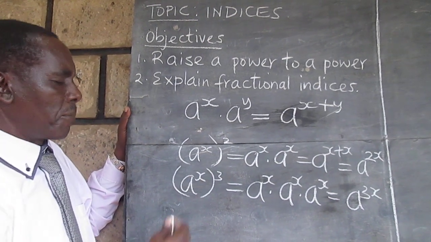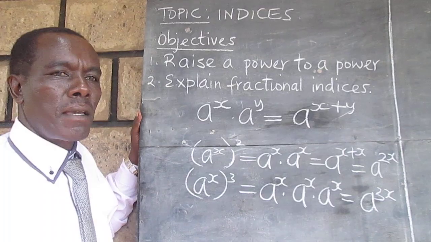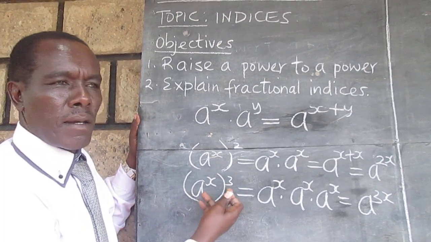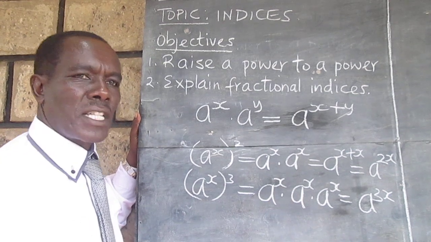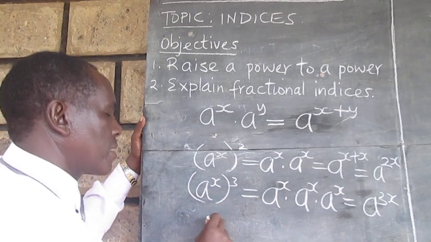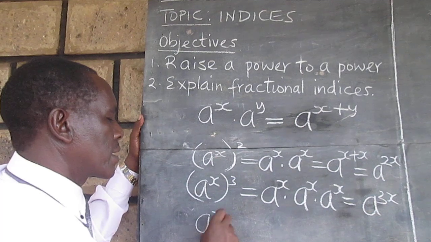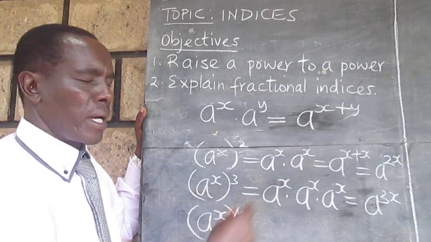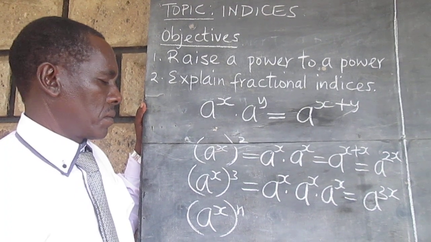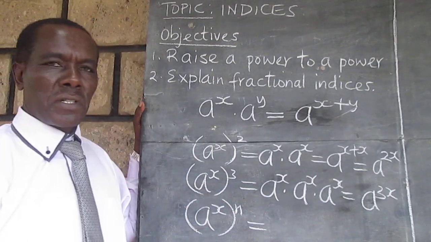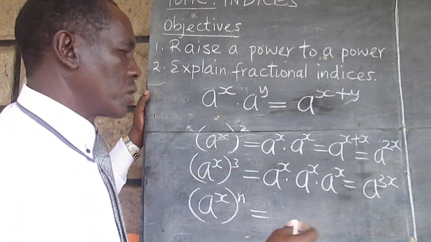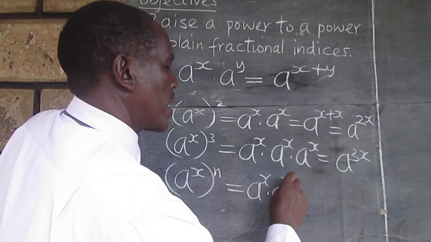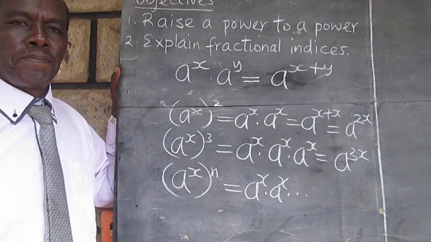Now, suppose we wanted to raise this a power x to any other power, like 4, 5, 6, and so on. In other words, suppose we had (a raised to x) raised to any number, then we would go on like that. We would have a raised to x, a raised to x, like that.